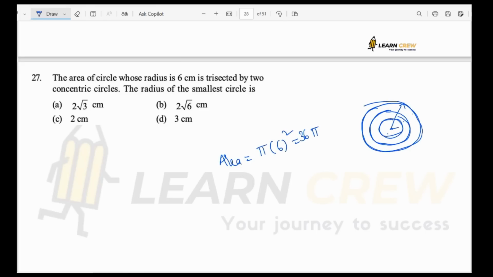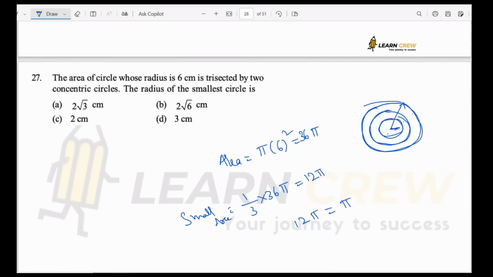So the smallest circle area would be 1/3 of 36 pi. So this is how much? 12 pi.